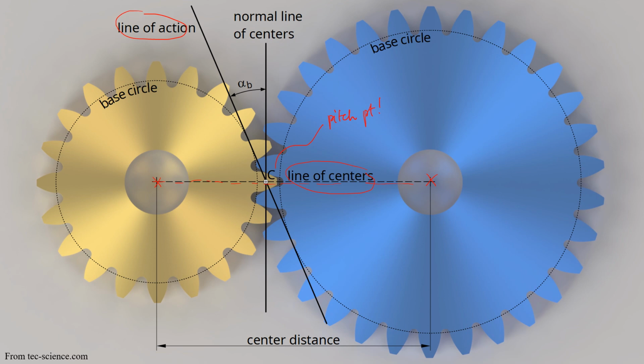Now, if you draw a normal to this line of centers, you have this line constructed, and the angle between the normal line and the line of action is what we call the pressure angle. Although in this illustration it is referred to as alpha b, in your book you can alternatively see it defined as phi.